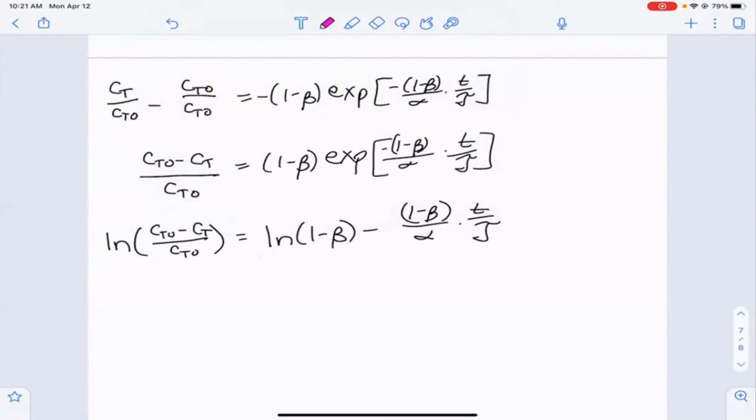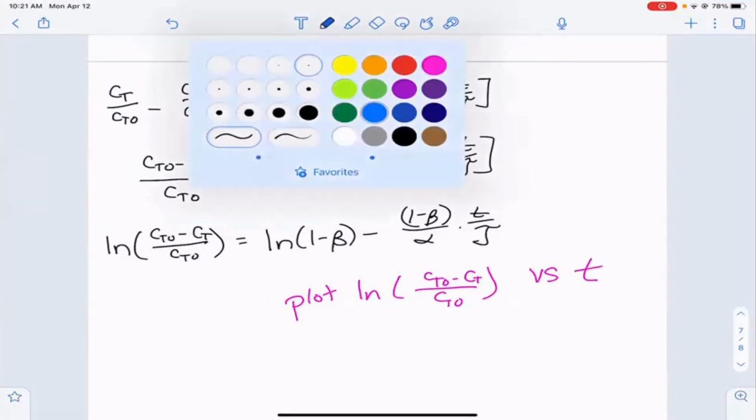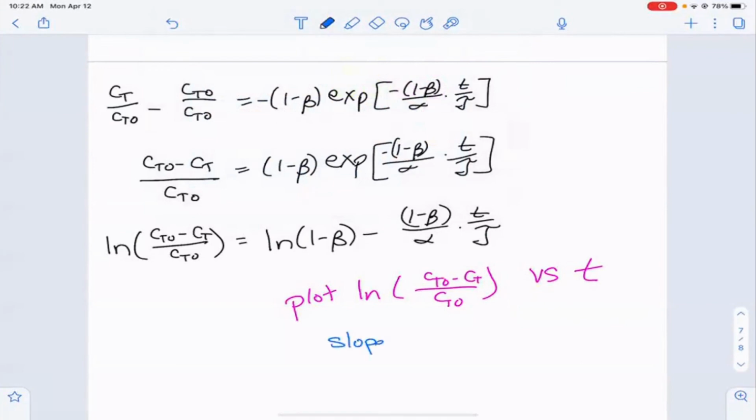So what we really want to do then with this is we're going to plot the natural log of CT0 minus CT over CT0 versus time. And when we do this, our slope is just equal to minus 1 minus beta over alpha times the residence time, and our intercept is equal to the natural log of 1 minus beta.